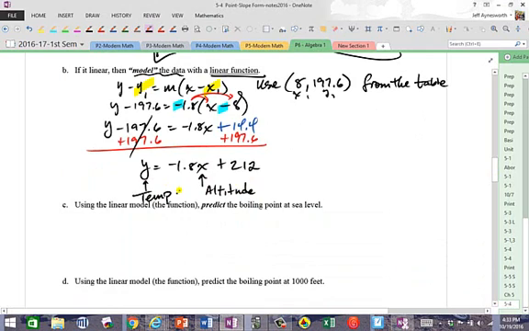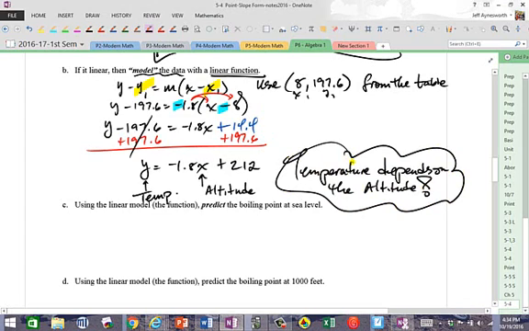So the temperature depends on the altitude. Okay, so your temperature is a dependent variable, and your altitude is the independent variable. Okay, dependent, independent.